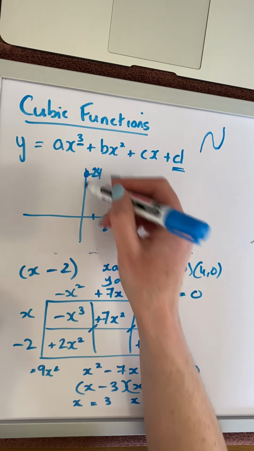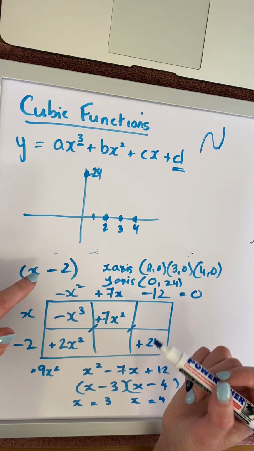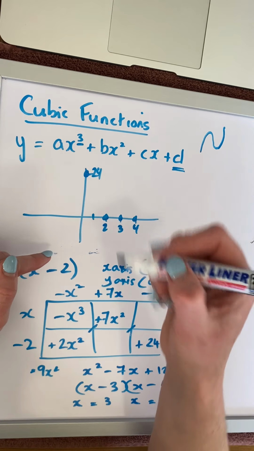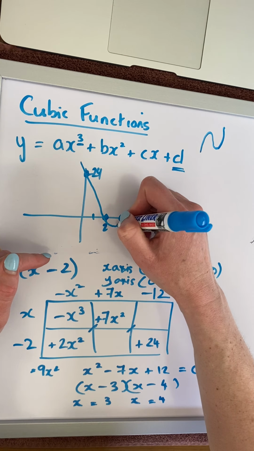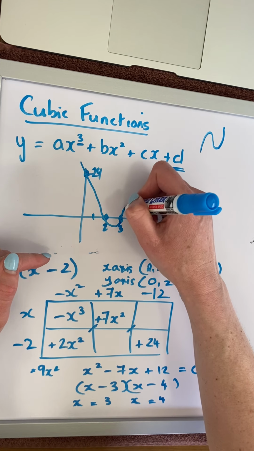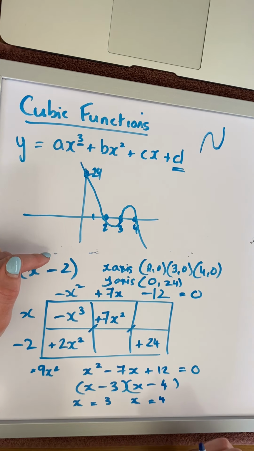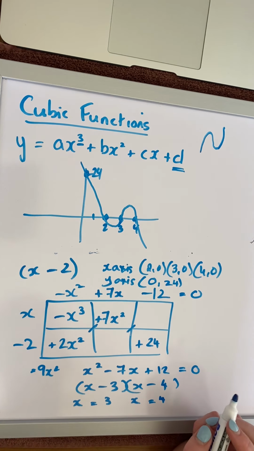We also have a point on the y-axis. We know that it is a negative cubic function, which means it starts by going down, so it decreases, crosses the x-axis. Our minimum turning point is between 2 and 3. Our maximum turning point is between 3 and 4, and then it's going to decrease again.